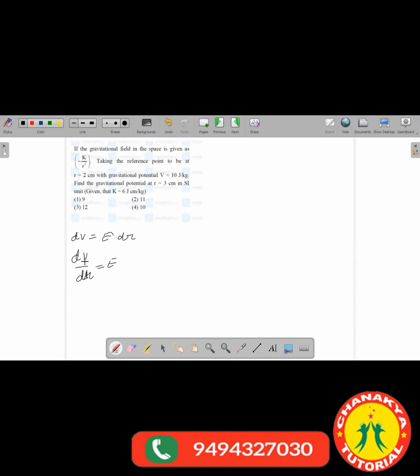Okay. In the similar way, if we apply the same definition over here with respect to the gravitational field, then we can say that the rate of change of gravitational potential with respect to the distance should be equal to the gravitational field. So we can make this as dV by dr should be equal to the gravitational field, and the gravitational field at any point in space is given by minus of k over r cube.